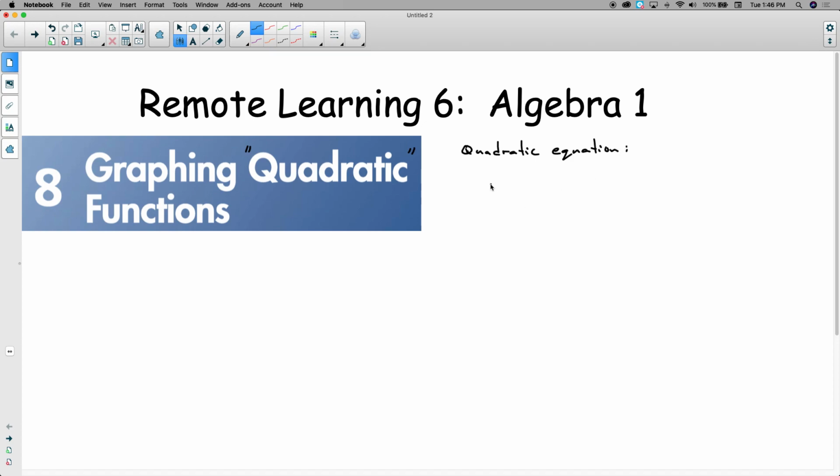Okay, so here's a quadratic equation: x squared minus 7x plus 10 equals 0. So it's an equation because it's got an equal sign, and it's quadratic because it's written as this particular trinomial where it goes x squared, x, and then a constant.